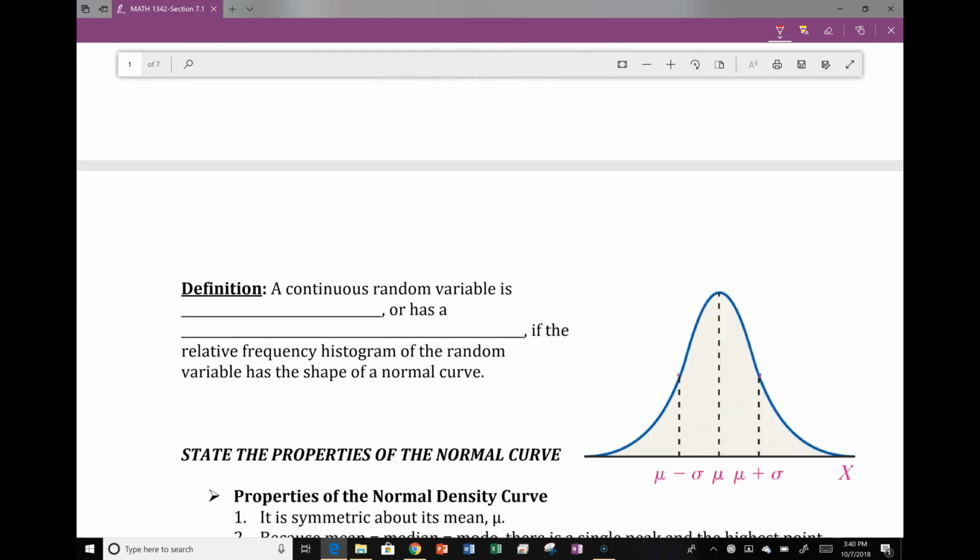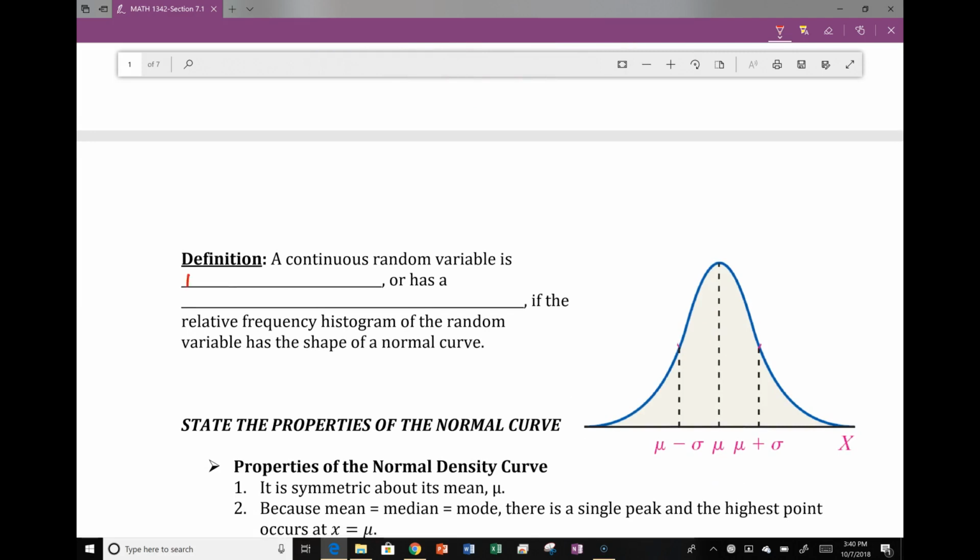Now, a continuous random variable is normally distributed, or has a normal probability distribution, if the relative frequency histogram of the random variable has the normal shape.